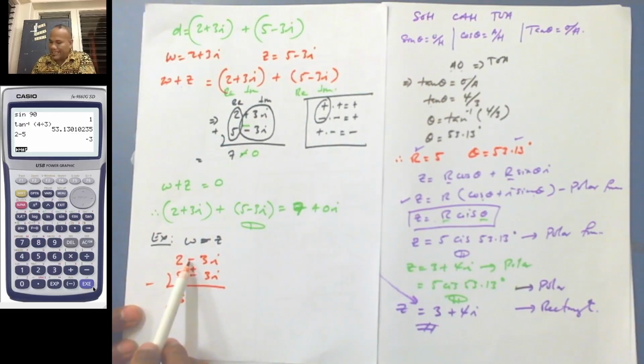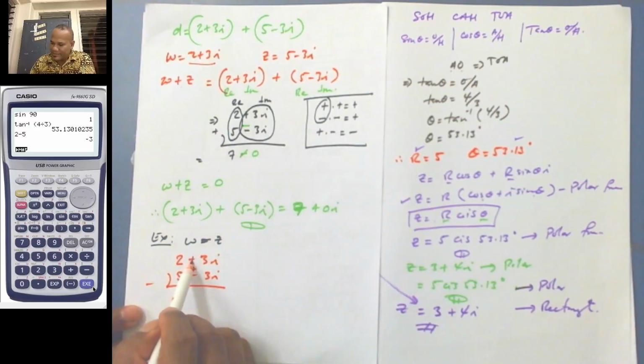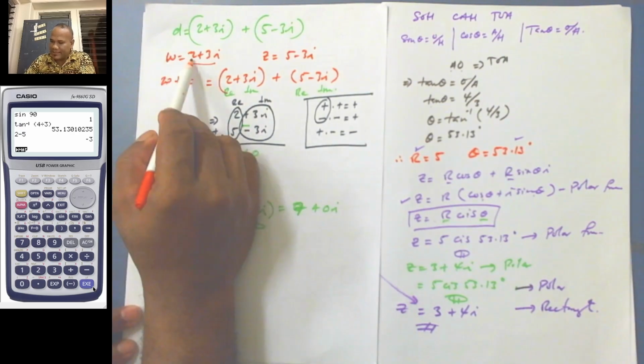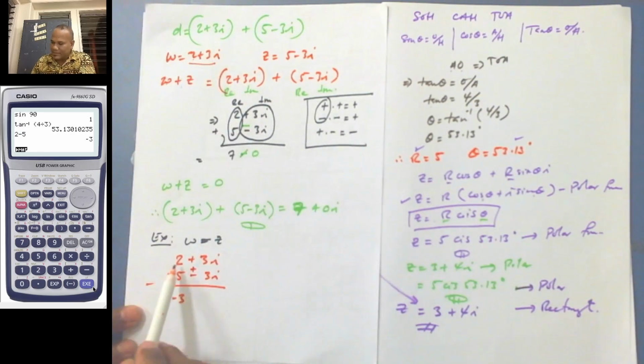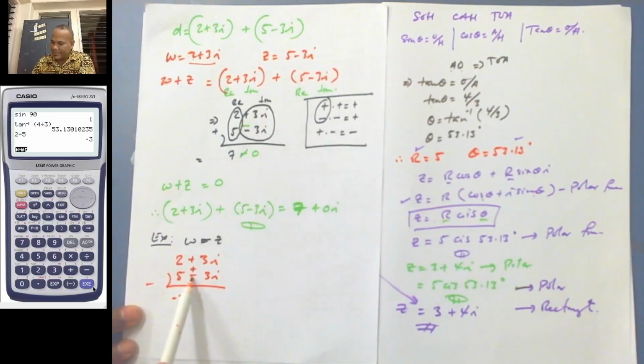Omega is, sorry, omega is plus 3i, because omega is 2 plus 3i. So 2 plus 3i minus z, and z is 5 minus 3i.